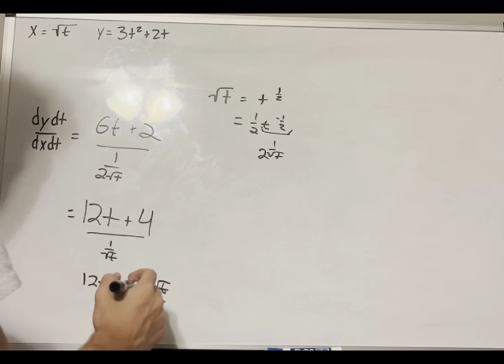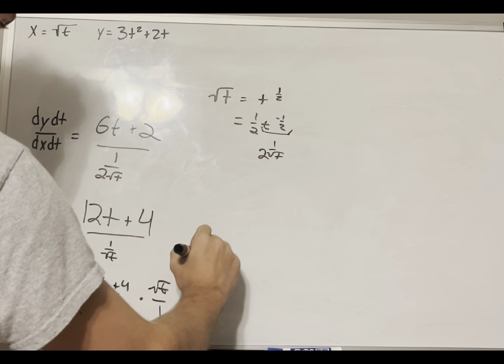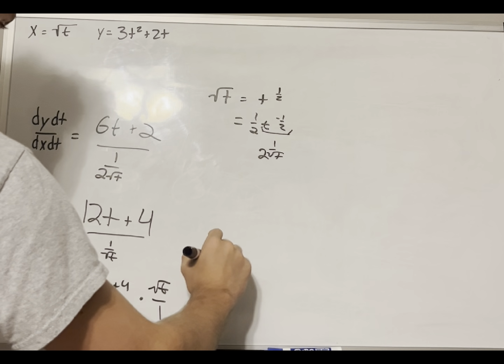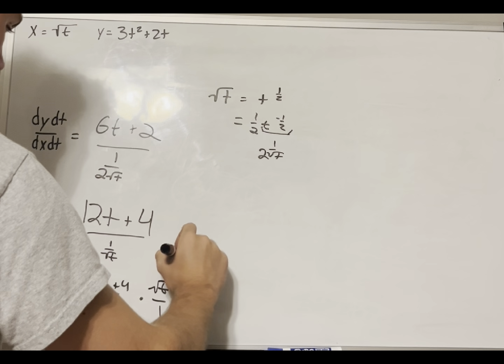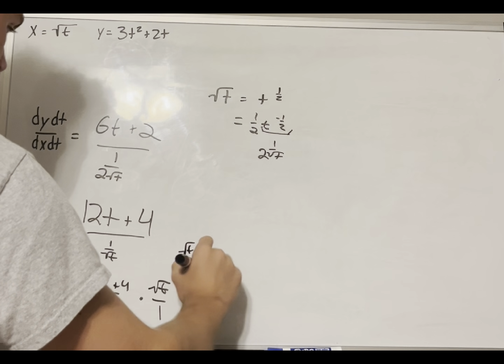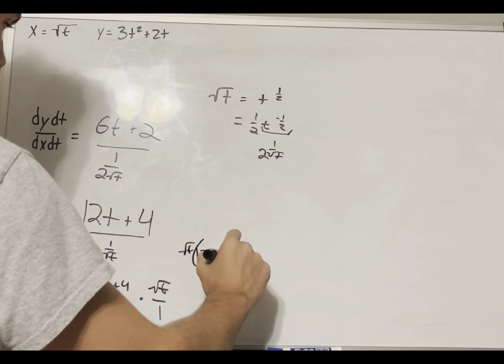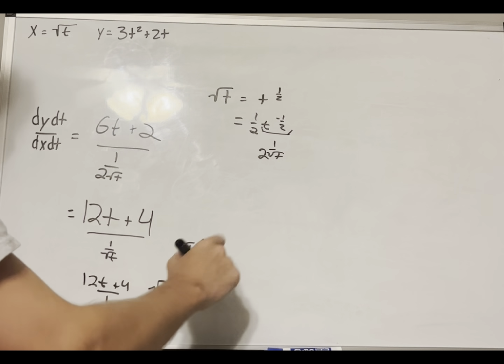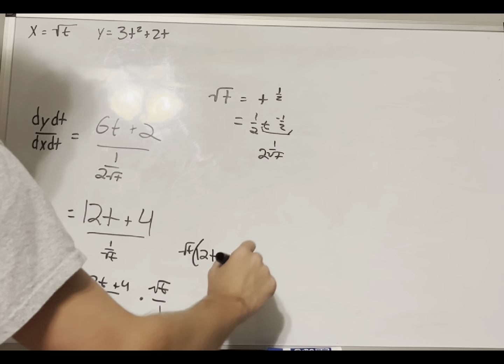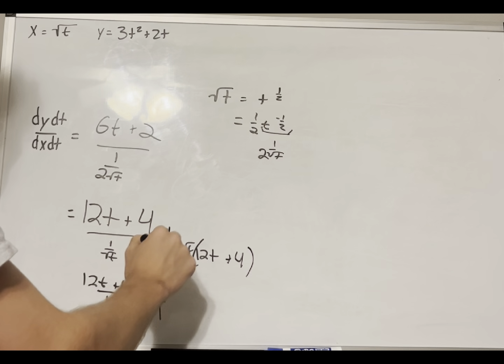So your first derivative will be, I want you to keep that separate, root t times 12t plus 4. So that is your first derivative.